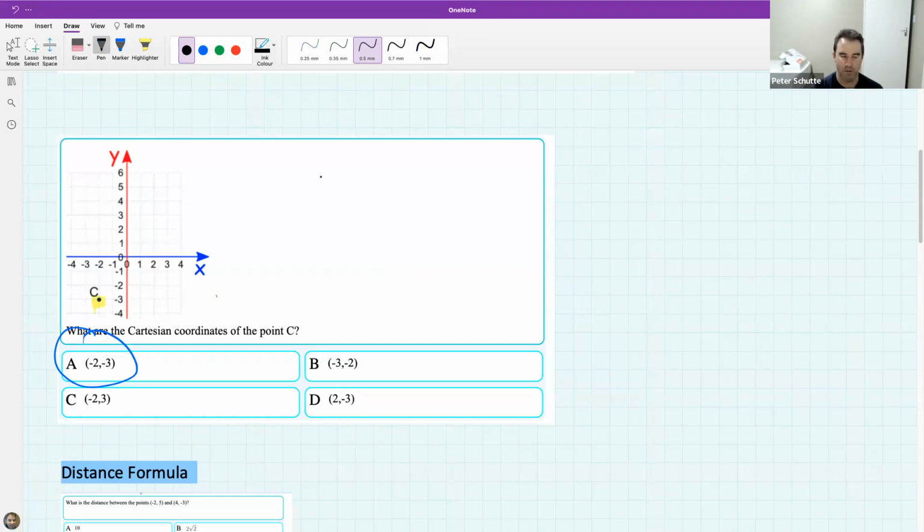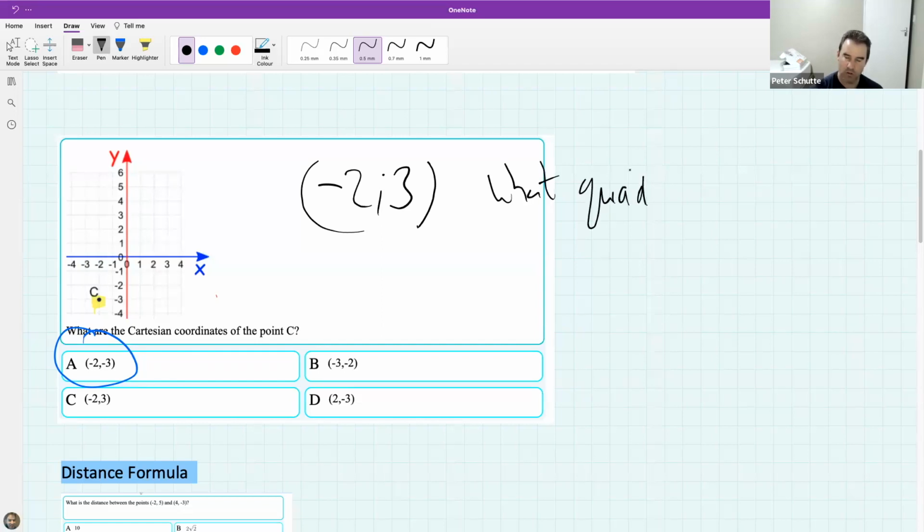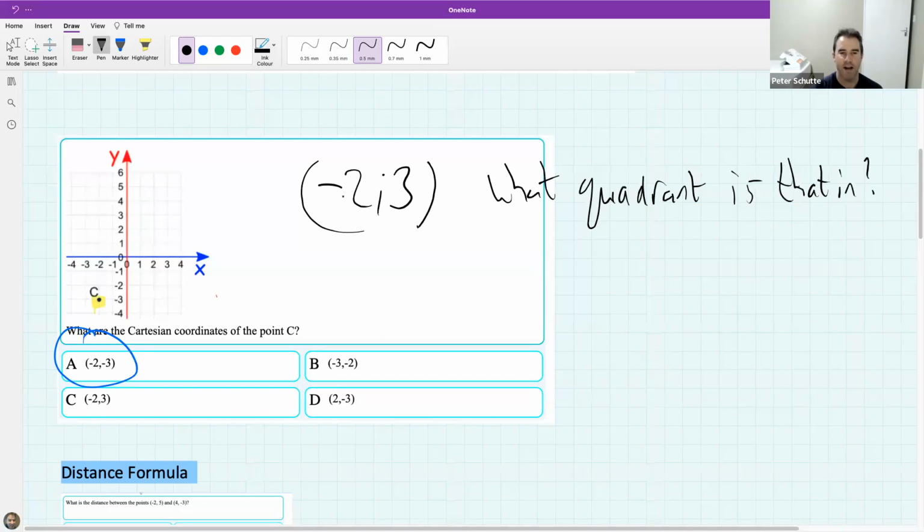If I gave you the point -2, 3, this is a bonus. I made this question up. What quadrant is that in? The point -2, 3.